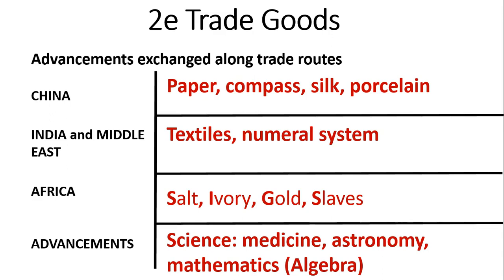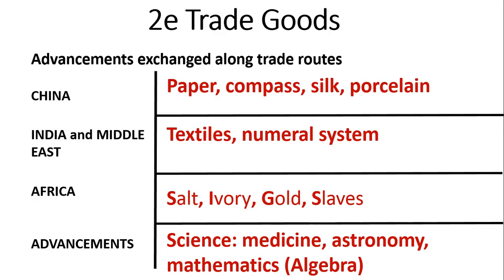And then, as we mentioned earlier, mathematics, and not just the numeral system, but also advanced mathematics like algebra, which came from the Middle East and came to Europe via different trade routes through the Middle East. And so, yes, you can blame algebra on people from the Middle East. That is why you study it. However, these things definitely advanced both science and math, and we have our more higher technology as a result of these advancements through trade. Okay, that finishes the 2E trade goods standard.